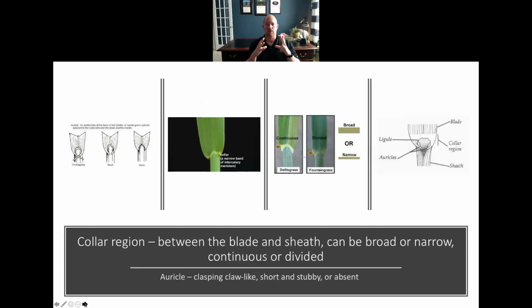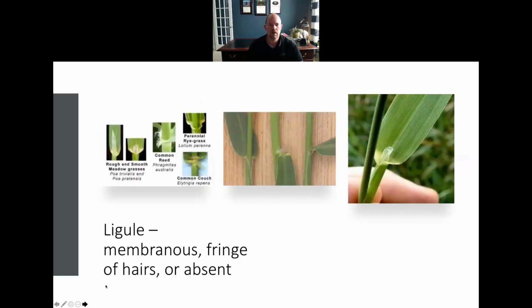The auricles can be clasping and claw-like, where they actually wrap around the stem, or they could be short and stubby, or they could be completely absent. Sometimes you'll see a very smooth transition from the sheath right into the collar and into the blade of grass. Not every species has this, which is a very small detail. Sometimes, especially in your turf grasses, you might need a hand lens to be able to see it.